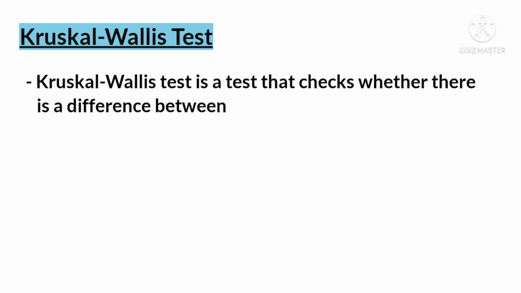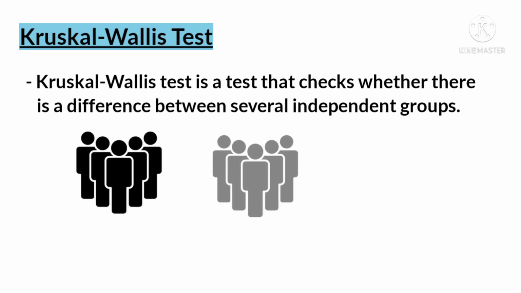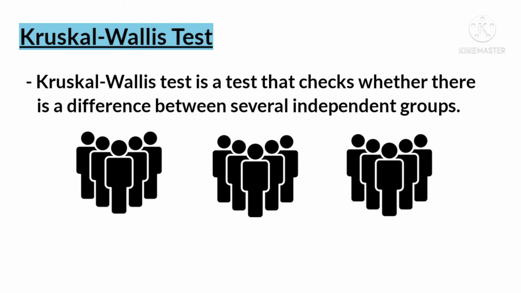So to start our discussion, let us first define what the Kruskal-Wallis test is. The Kruskal-Wallis test is a hypothesis test that checks whether there is a difference between several independent groups. You may wonder, if there are several independent groups, then I use analysis of variance.